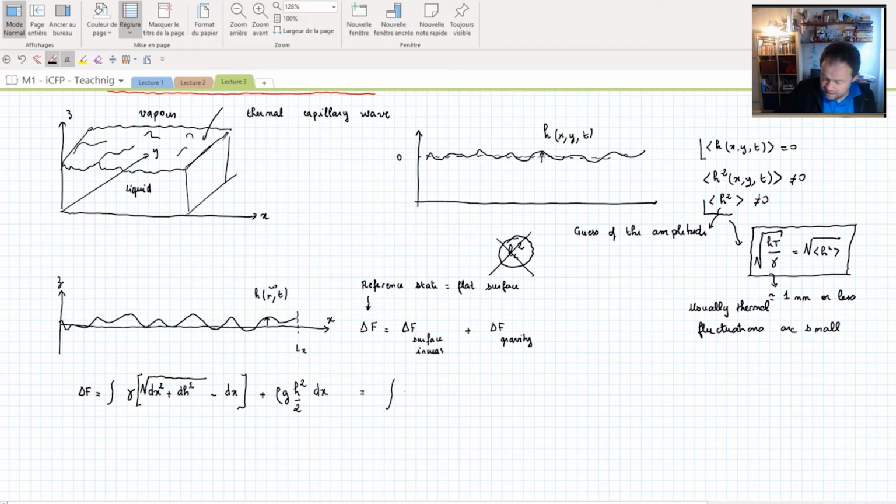So it will be gamma dx times the square root of 1 plus h_x square, minus 1, plus rho g h square over 2. Sorry for the gamma that I should put here.